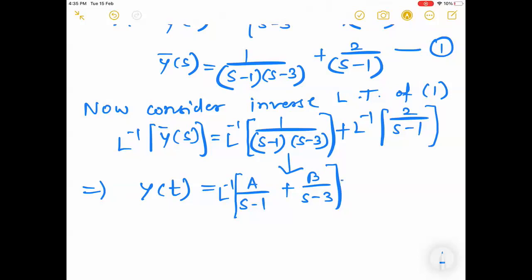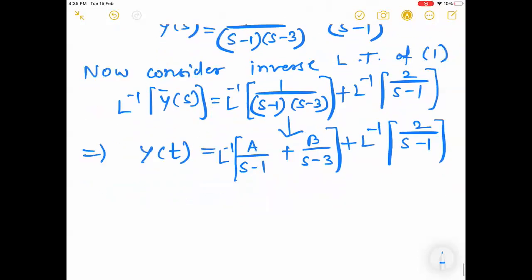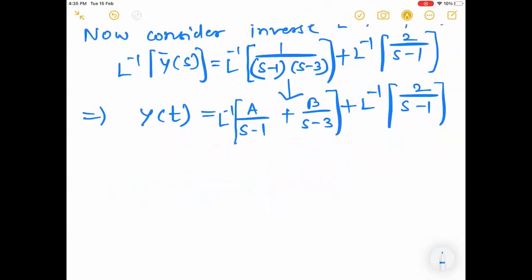So this is plus L inverse of 2 upon s minus 1, so you can find out by the formula. Anybody got the answer for A and B?